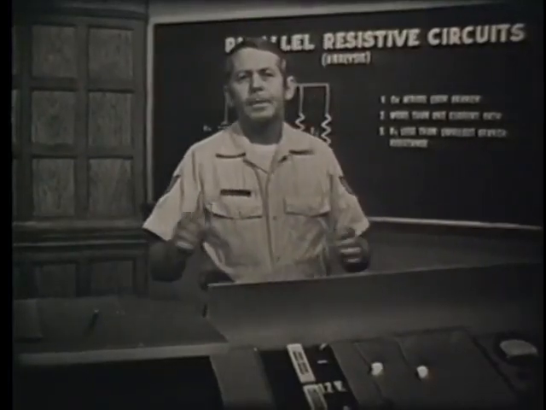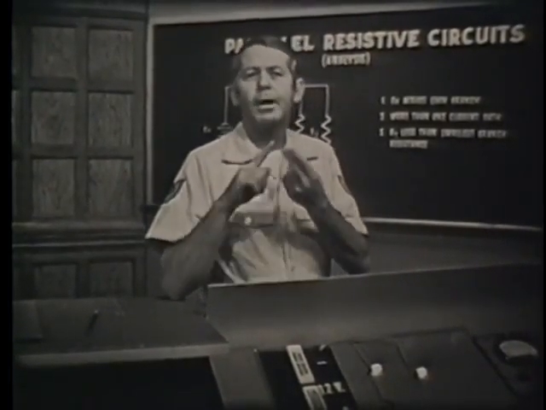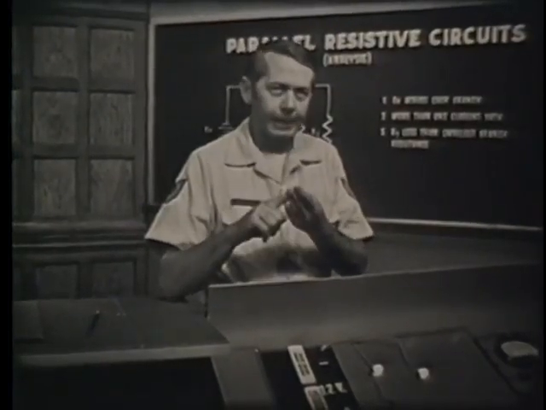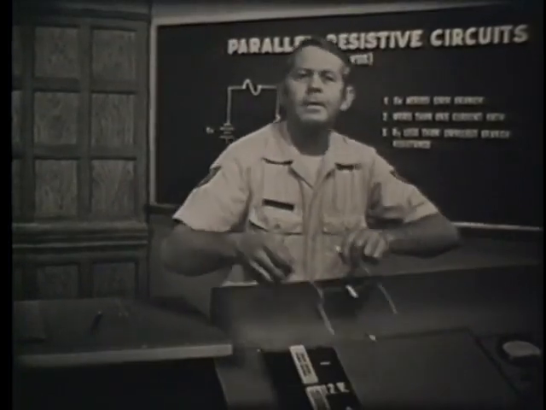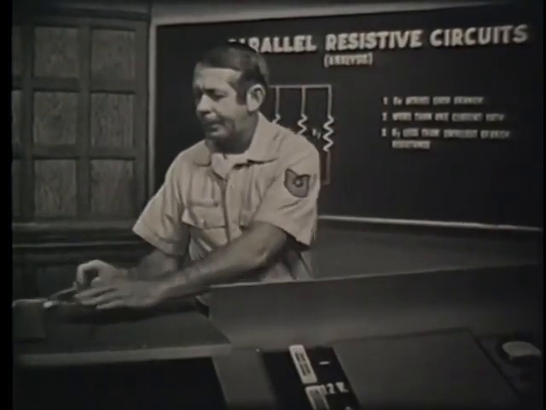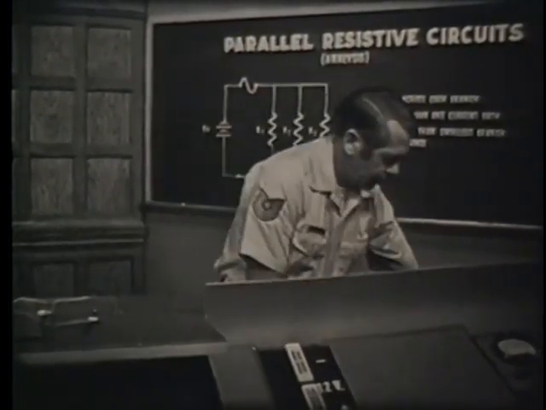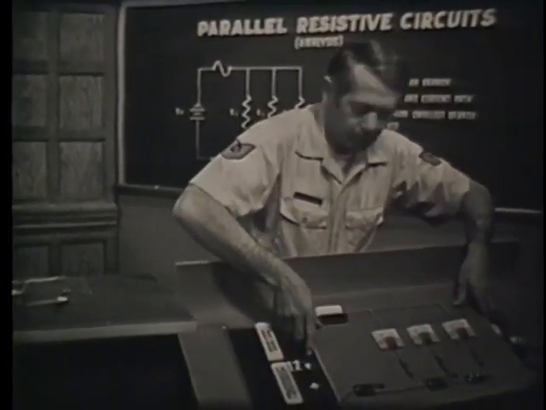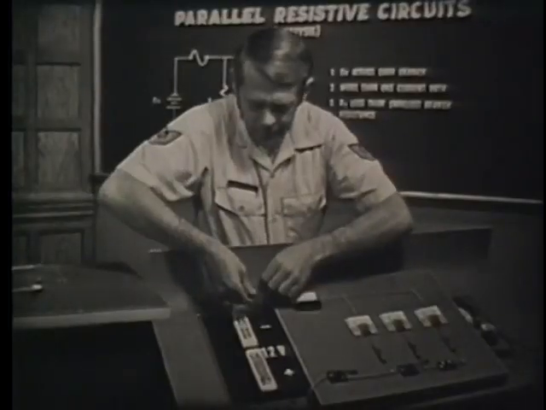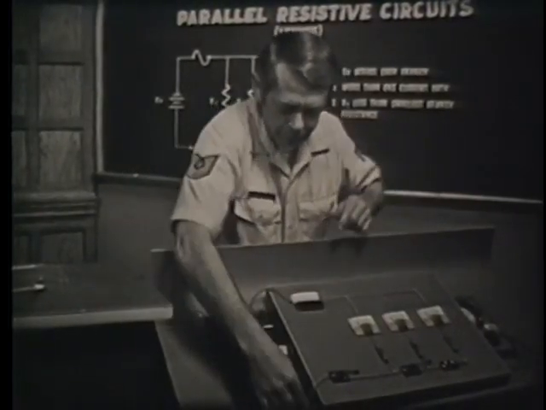All right. A parallel circuit has more than one path for current, and the applied voltage is felt across each branch. Next, let's investigate the current distribution in a parallel circuit. And I'll use another trainer to show this. Making the power connections here.